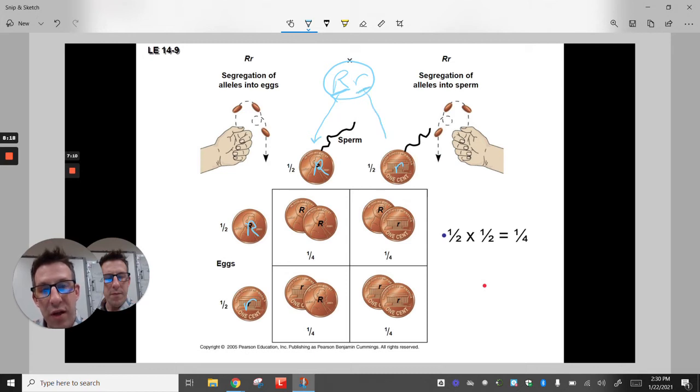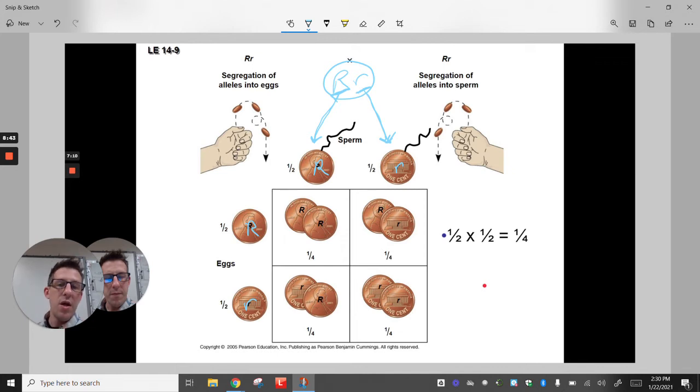That's the law of segregation. They are going to segregate into separate gametes. So if a parent's normal diploid cell is heterozygous, the big R will separate into its own sperm, and the little r will separate into its own sperm during meiosis. Okay, so this is what we get.